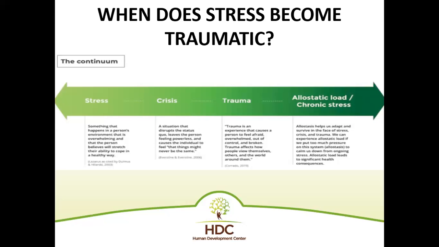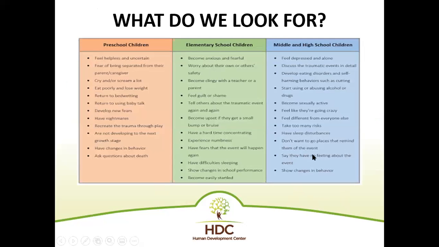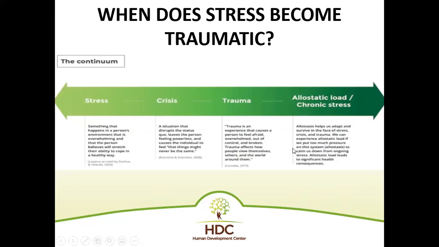And then the next one is trauma, an experience that causes a person to feel overwhelmed, out of control, broken. Trauma affects how people view themselves, others, and the world around them. The last one is allostatic load, or chronic stress.